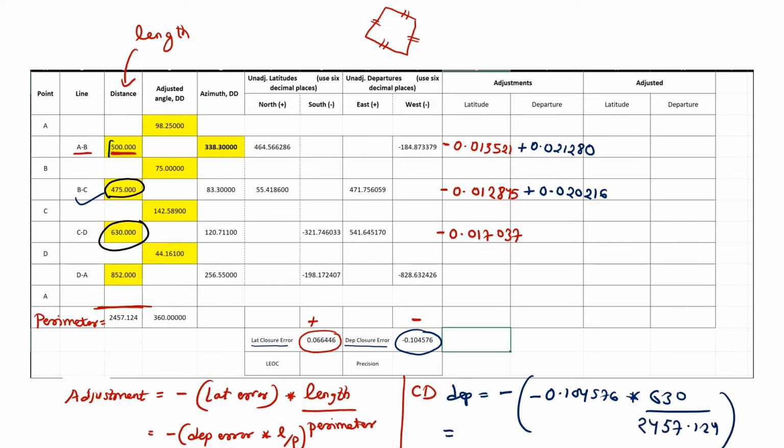So if you multiply this, you get a positive number, 0.104576 times 630 divided by 2457.124, which is 0.026813. I write it around here. It will be positive 0.026813. That's my correction.